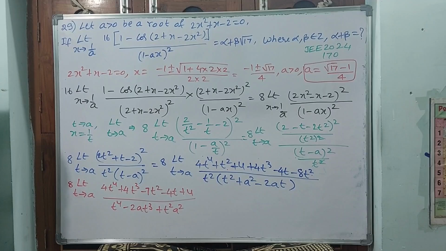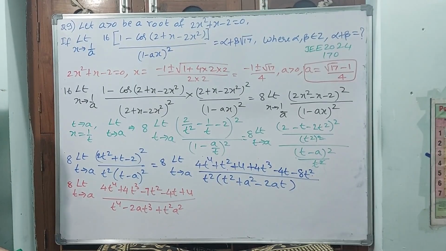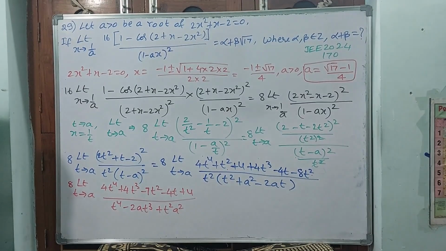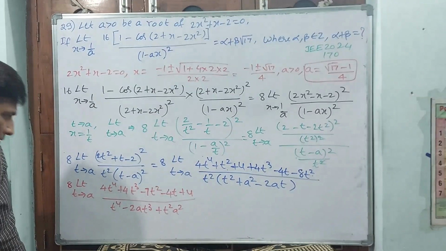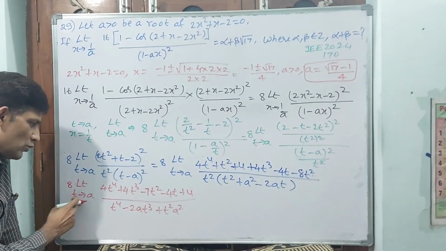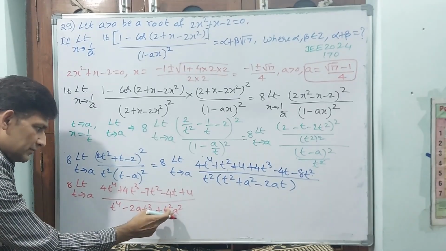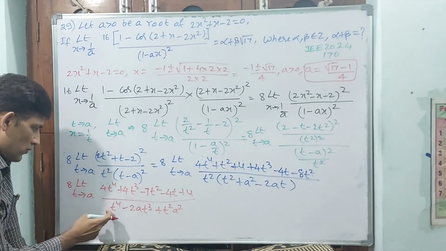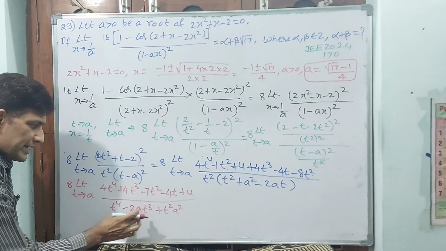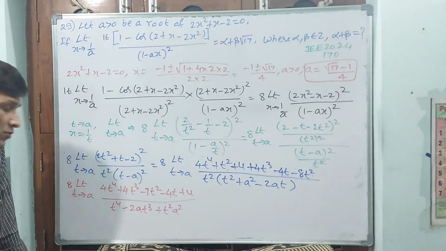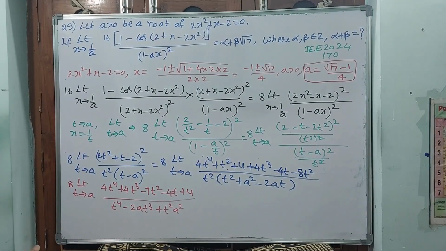Can you give now a? If you give t a square, a to the power of 4, a to the power of 4, both are going to get cancelled out, but this is not going to get cancelled out. Okay, let me give and see what will happen.